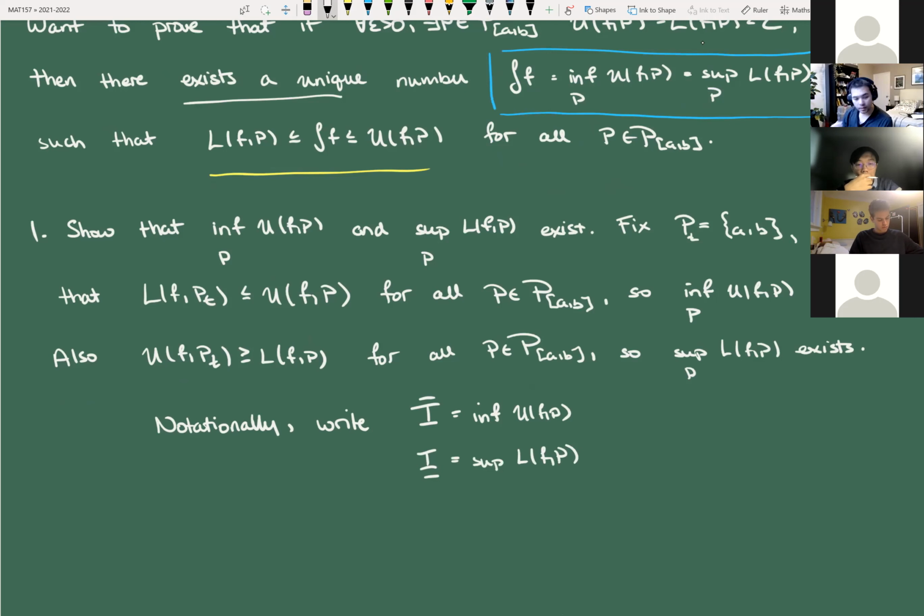Okay, so this is actually fairly standard notation. I with the overline, the bar over top of it, is called the upper integral, and I with the underline is called the lower integral.